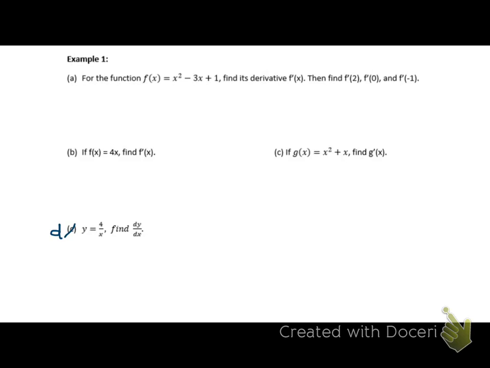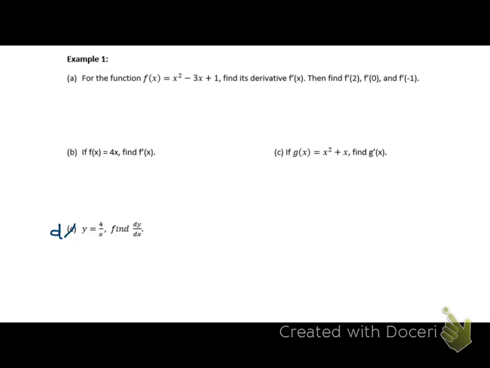We have the function x squared minus 3x plus 1. First, we want to find its general derivative equation. Because when I find the limit as h approaches 0 of f of x plus h minus f of x all over h, it's going to give me a general equation, as long as it's possible to simplify that. And for all of these problems, it will be. So we're going to do the same thing we did on the last problem, in the last section.